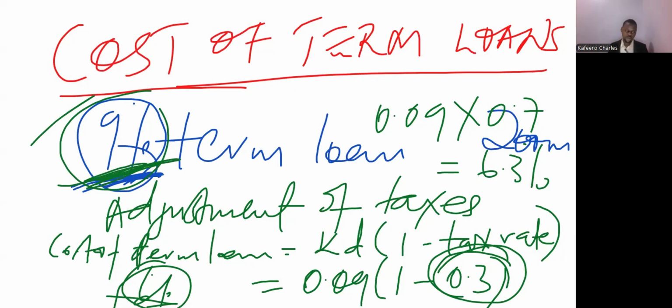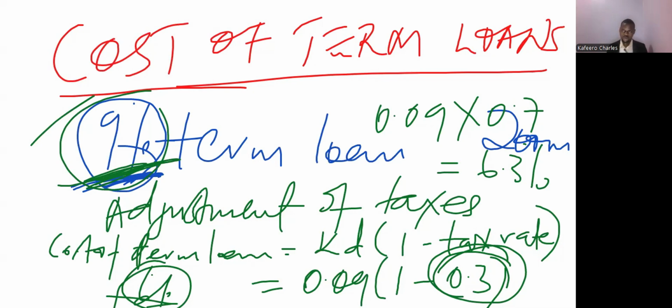Even if in the question they tell you it is a short-term debt, we must adjust for tax, since you are going to pay interest. Unless it is a zero coupon. There are times when they can tell you someone has given you maybe 200 million or 500 million, but is not going to charge you any interest.